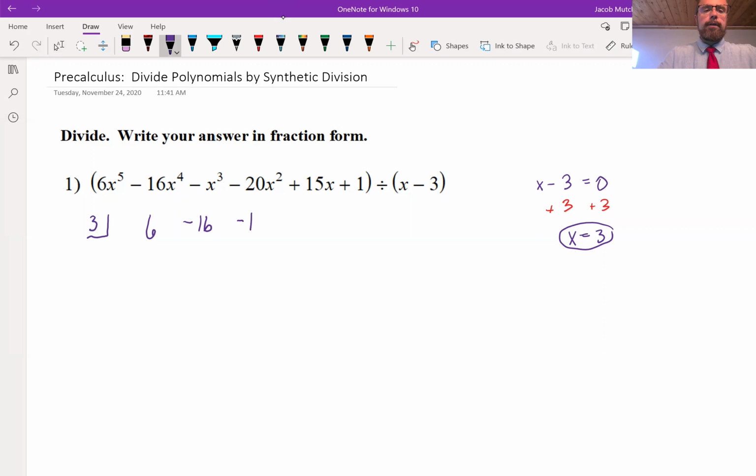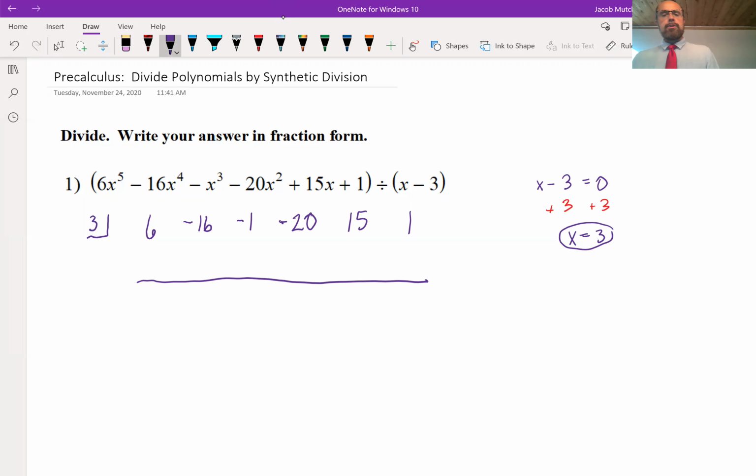Negative 1 for negative x cubed. Negative 20 for negative 20x squared. 15 for 15x. And 1 for 1. And then I'm going to leave a blank row and put an operation line there. Now here's the process. I've got it all set up, and now I'm ready to actually run the division.